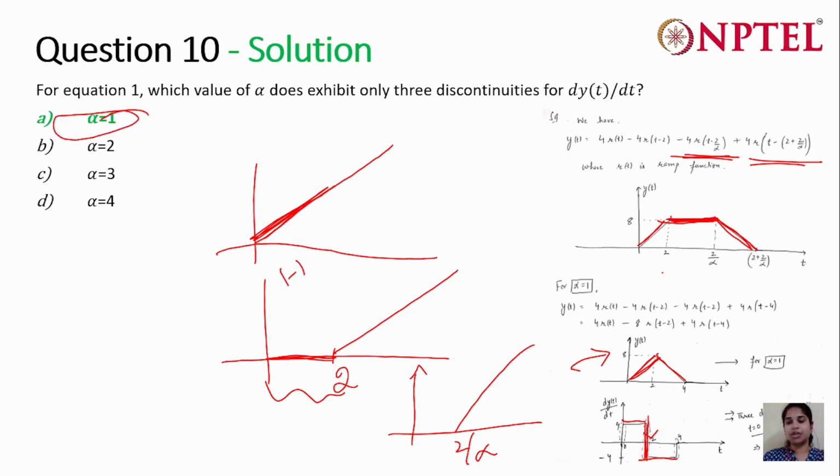So what I did, I first wrote what is y of t, then I tried to substitute different values of alpha. For alpha equal to 1 itself, we got some y of t like this, and when I differentiated, I got 3 discontinuities. So the answer is option A.